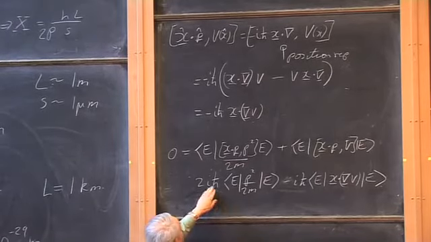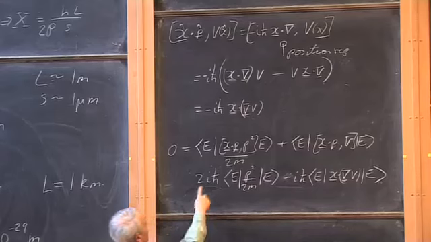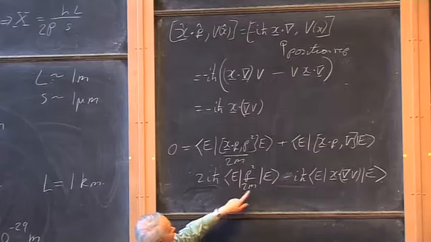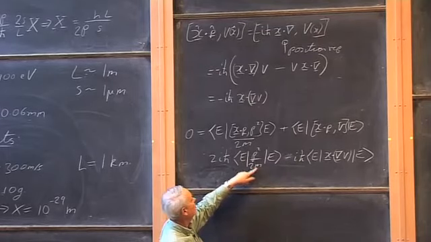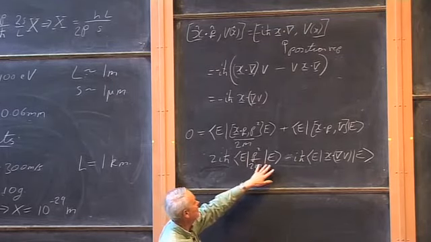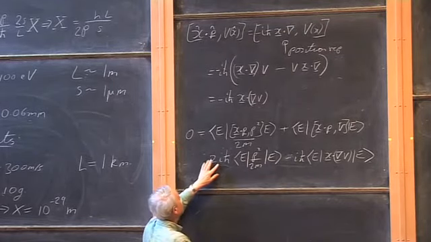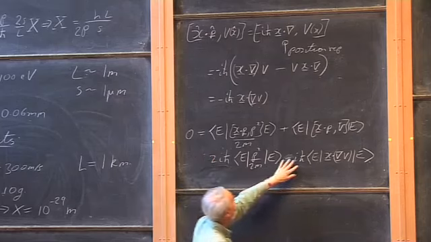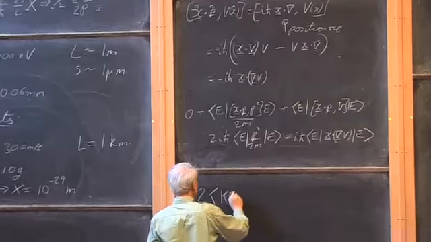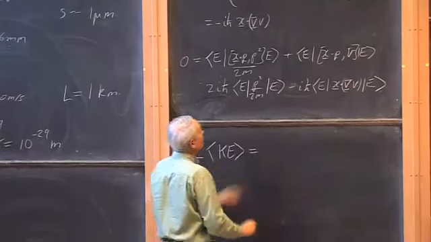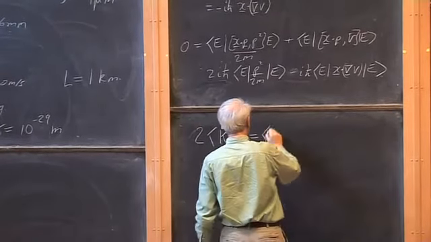So we want to cancel what this is: the expectation value of the kinetic energy, clearly, right? P squared over 2m is the kinetic energy. This is the expectation value of it. Cancelling the i h bar, we can say that 2 times the expectation value of the kinetic energy is equal to this stuff.